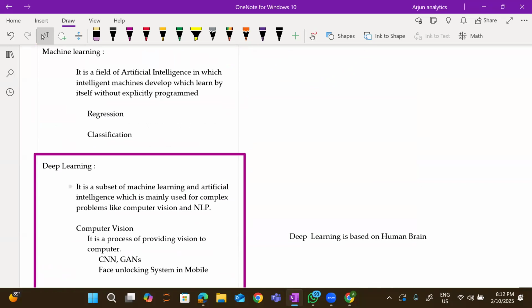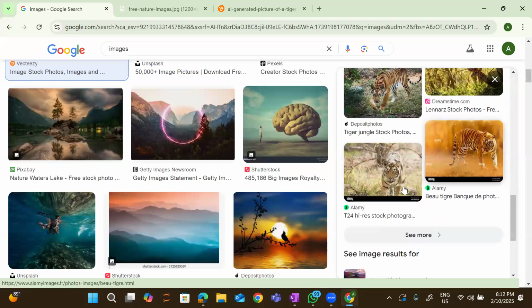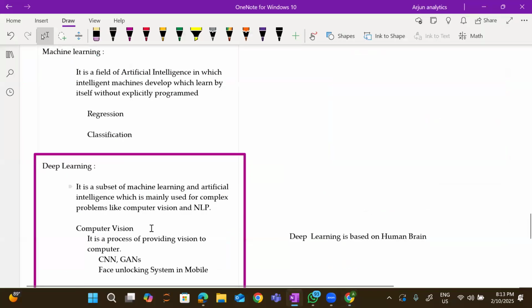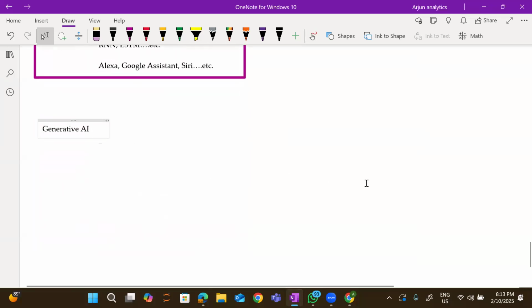Just now we did it: we give all the data about animals, like lions, tigers, elephants, horses, rabbits, dogs, cats, deers. Once you show any animal, it will recognize it. Simple. Now, in generative AI, it will create new content.